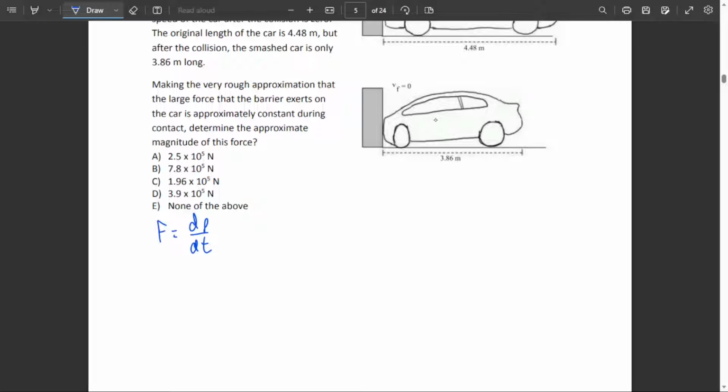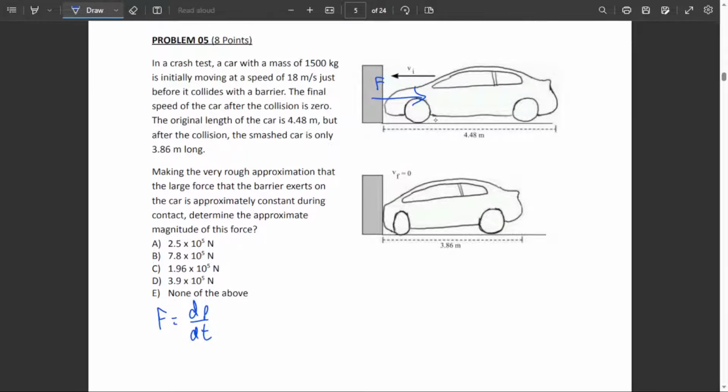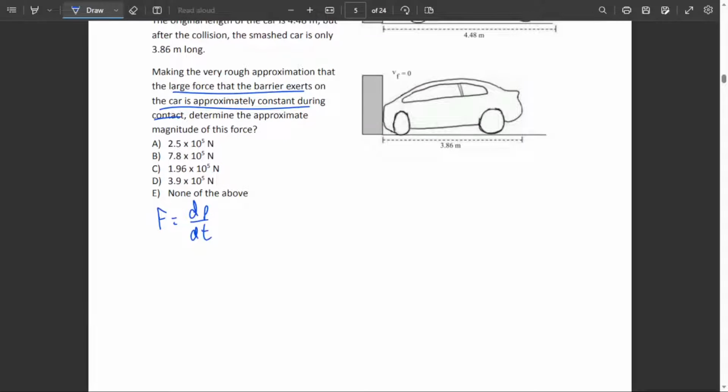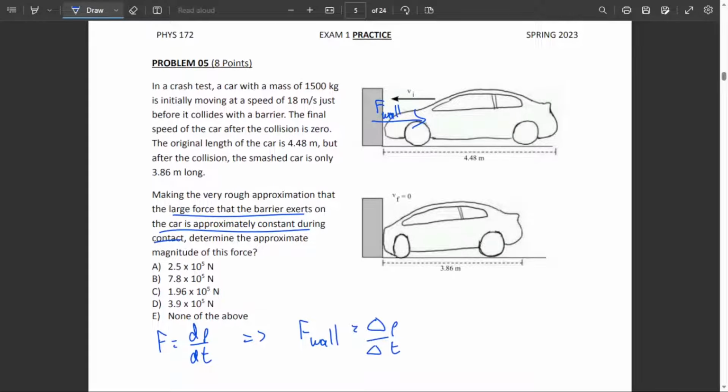If we assume that the force that the wall is exerting, I'm just going to call it force wall, is constant, which it tells us to do, then we can further say that the force is equal to the complete change in momentum over change in time. So if we calculate the change in momentum of the car and then calculate how long the collision is, we can calculate the average force that the wall is providing on the car.